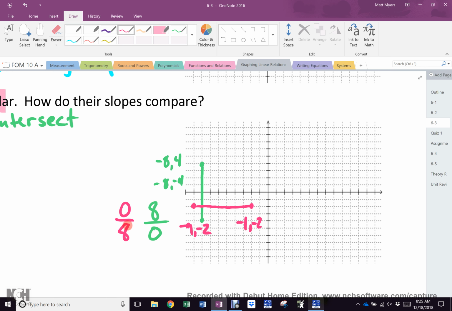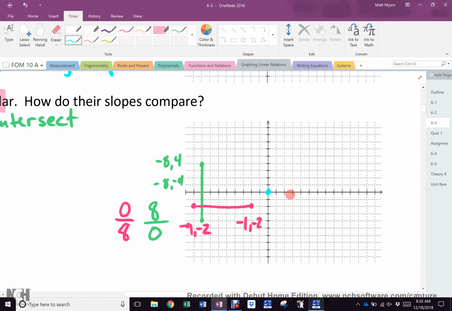Okay. Now, I'm going to use a fourth color. I'm going to put a dot at 0, 0. Okay? And we're going to put a dot at 4, 4. No, that'll be too small.